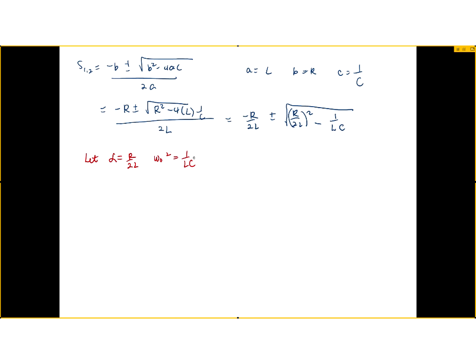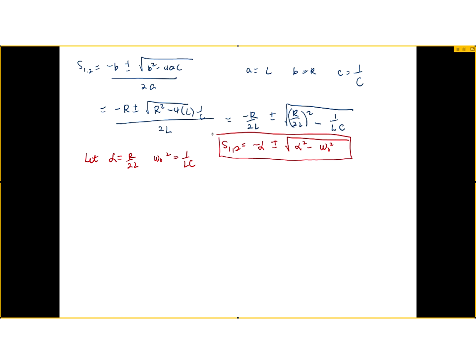The reason why I used omega naught squared here is I know that 1 over LC is always positive. I'm just emphasizing that it's a positive quantity. Now I can rewrite my s1,2 in the form negative alpha plus or minus the square root of alpha squared minus omega naught squared.